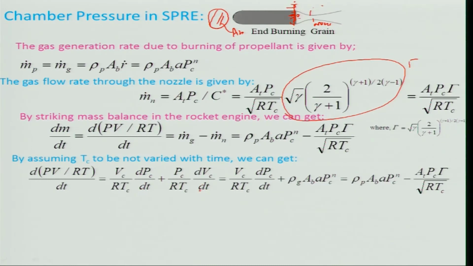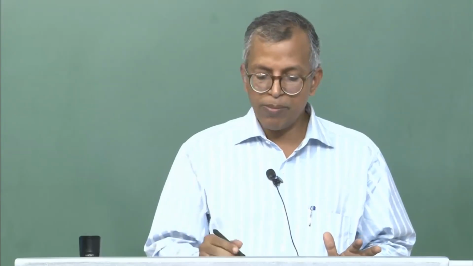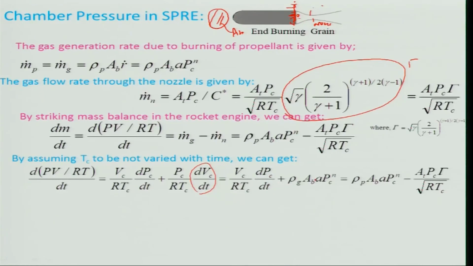Keep in mind that this one is the change in chamber volume with respect to time, and this change is due to the burning of propellant. So, that will be basically rho g into A_B a P_C^n, that means rho g A_B, and R dot, this is nothing but your R dot.